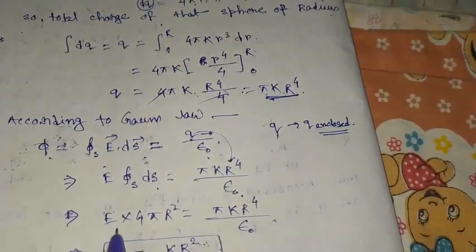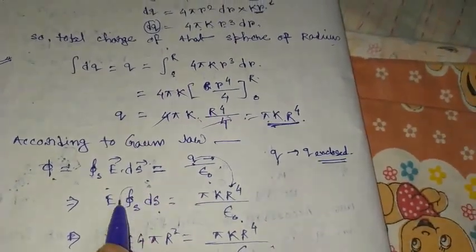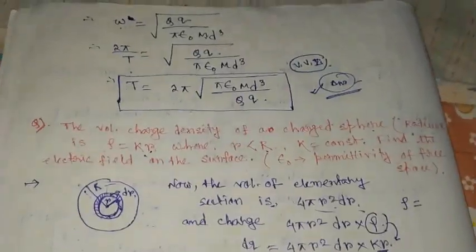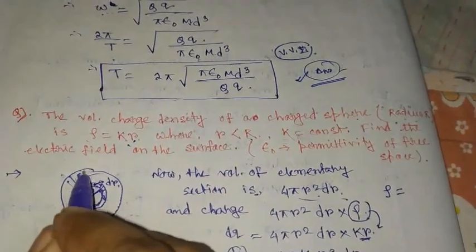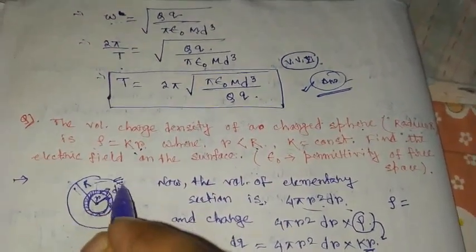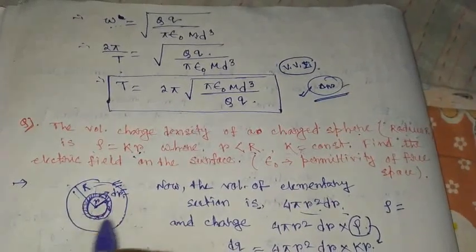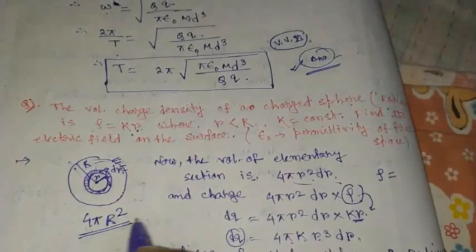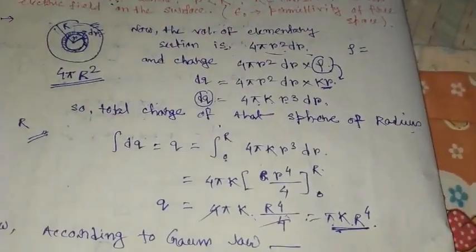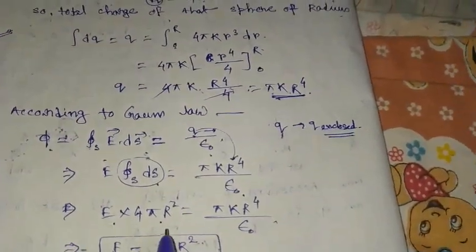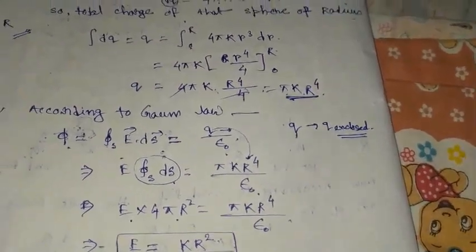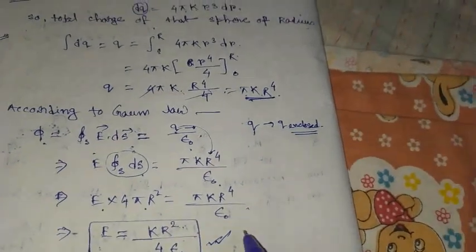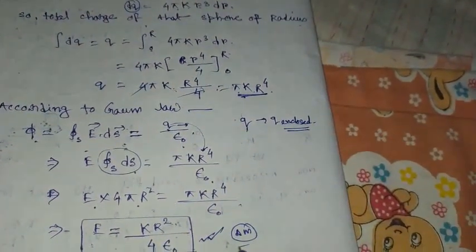The whole value of this integration is 4 pi R square, because the surface area of this capital R sphere is 4 pi R square. So 4 pi R square E equals pi k R to the power 4 by epsilon naught, and simple calculation leads to the ultimate result. So this is your final answer.